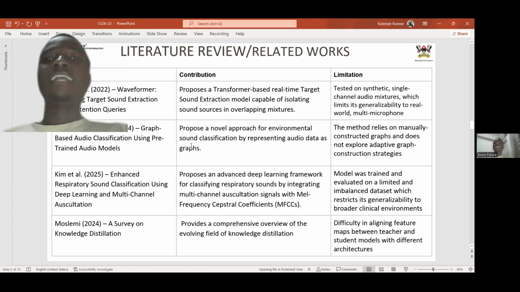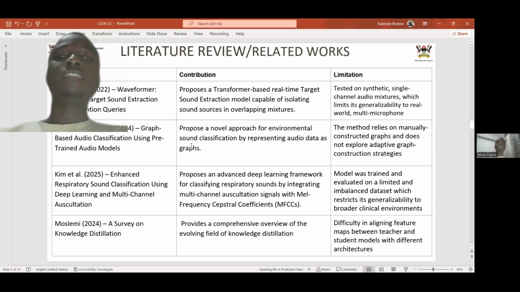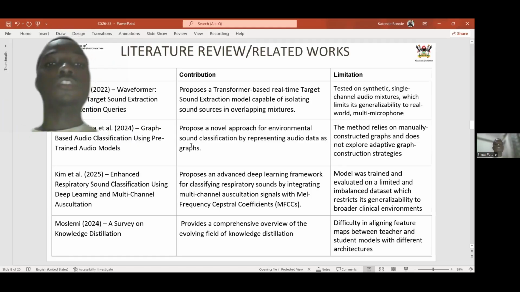It is able to form graphs classifying that the coughing of tuberculosis was higher than the coughing of pneumonia or asthma. Then the limitation: the method relies on manually constructed graphs and does not explore adaptive graph construction strategies.